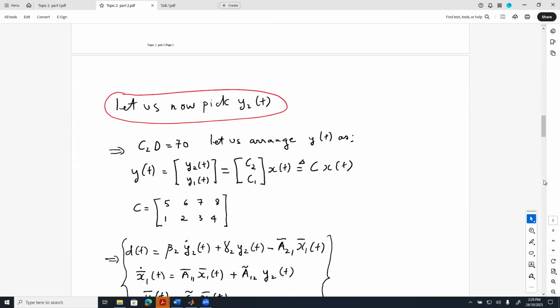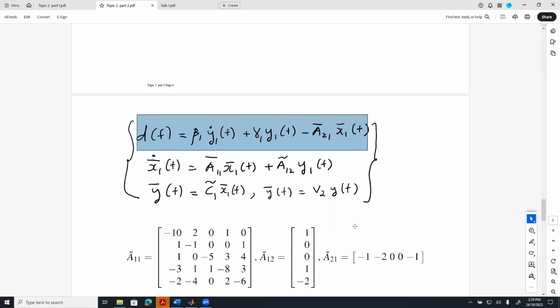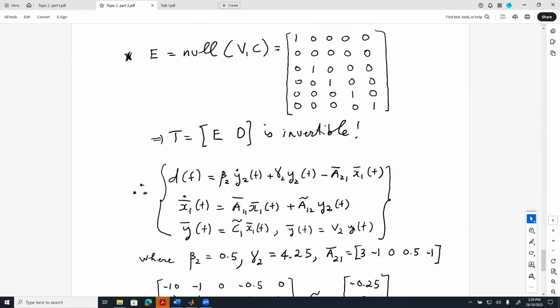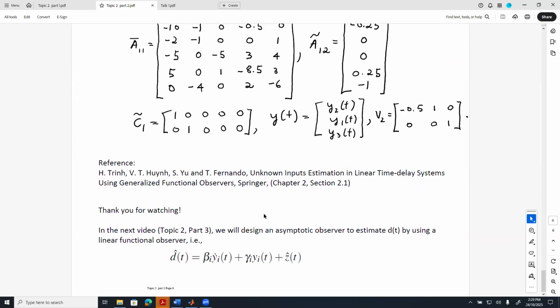And so in the next presentation, we will look at part 3 of topic 2, where we will design an unknown input observer. And the way we design an unknown input observer is we're going to use a functional observer to estimate the function z of t, which is the linear combination of the stack vector x bar 1 of t.